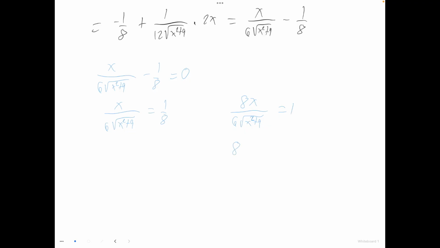It tells us that 8x equals 6 square roots of x squared plus 9. So 4x is going to be equal to 3 square roots of x squared plus 9. Squaring both sides, we get 16x squared equals 9 times x squared plus 9.